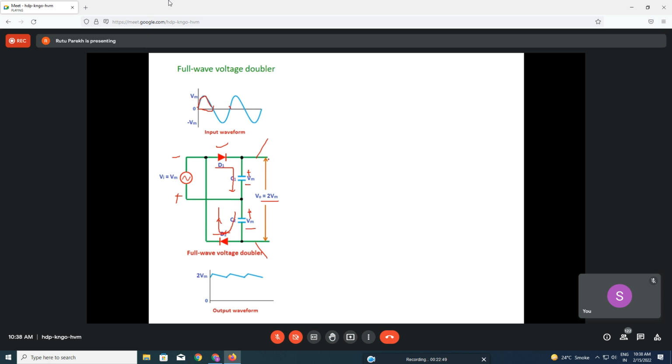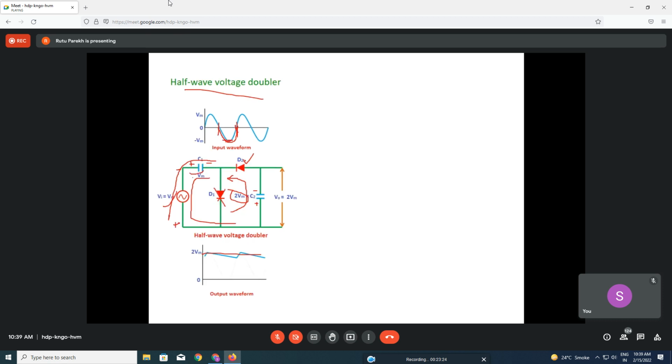And as I said, there is a resistive load here. With the resistive load, it will discharge for both halves. When this is charging, this will get a path to discharge through this R, and vice versa. So for every half cycle it will discharge, so the ripple frequency is higher here. This is full wave, meaning charging and discharging happens for every half cycle.